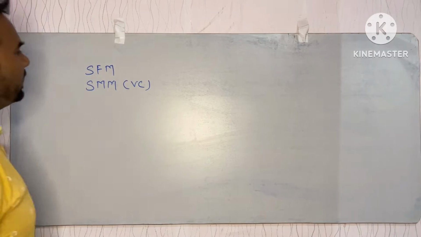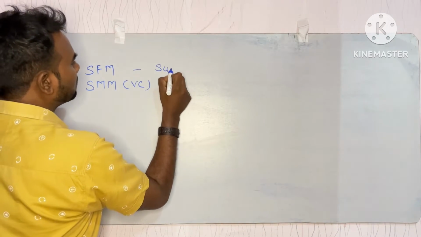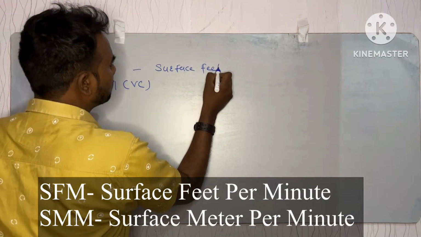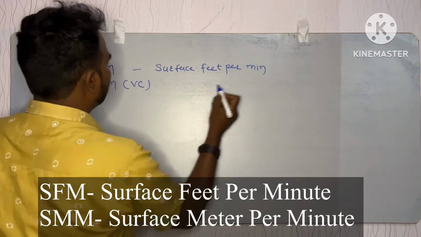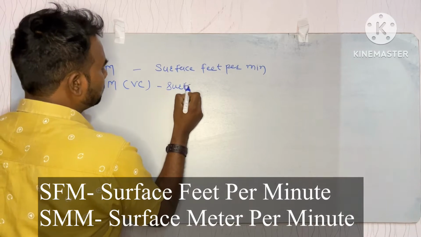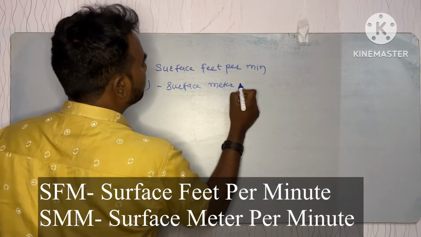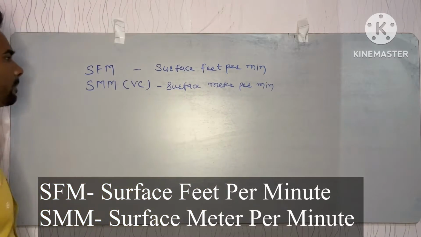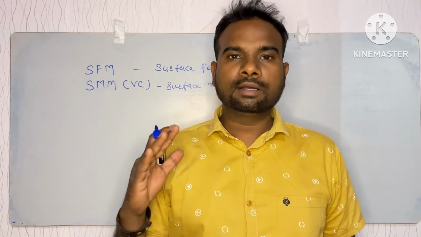SFM means surface feet per minute, and SMM means surface meter per minute.